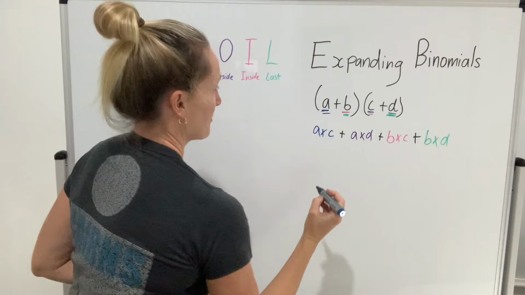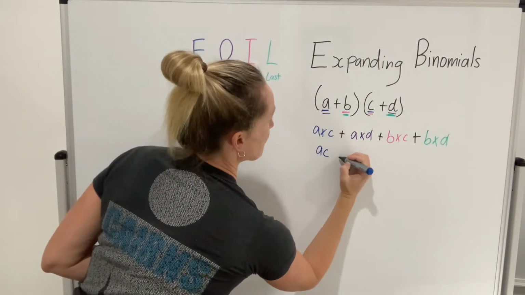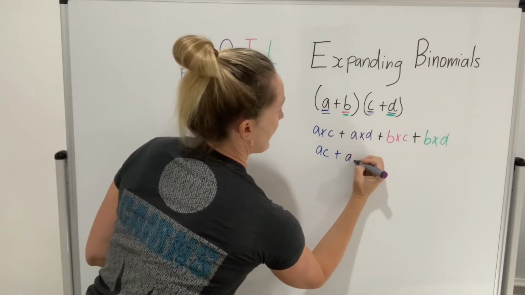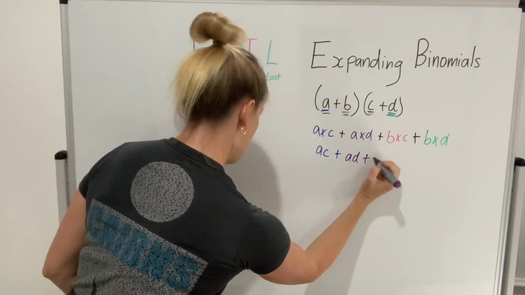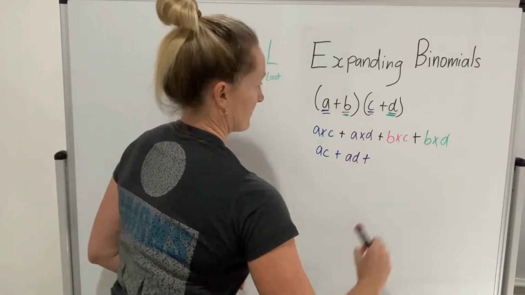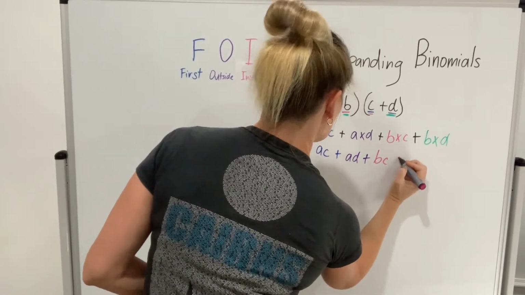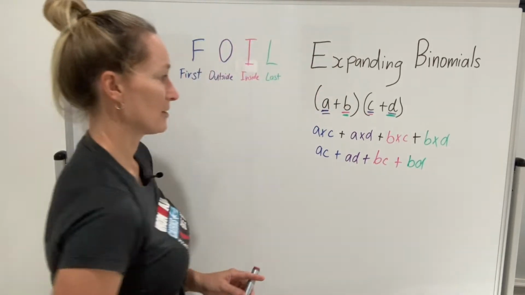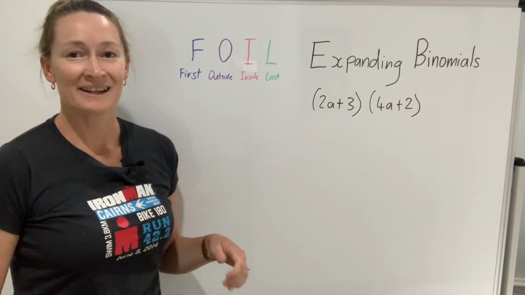Okay, so we end up with AC plus AD plus BC plus BD. Let's look at an example now.